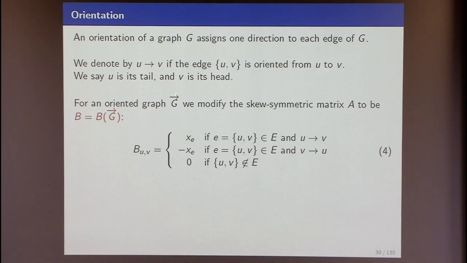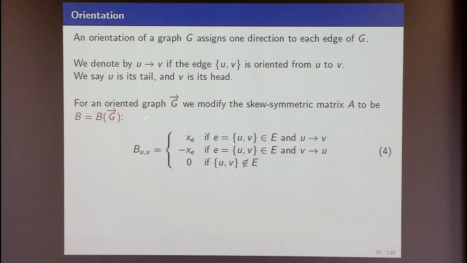Now let's think about an orientation of the graph, which is basically to assign one and only one direction for every edge. So you take every edge, 7, 9. You can orient from 7 to 9, or you can orient from 9 to 7. That's an orientation. For every edge you assign that, and that's called an oriented graph.